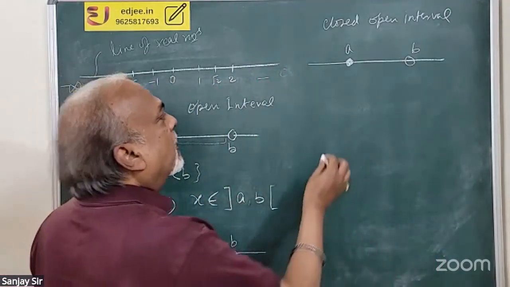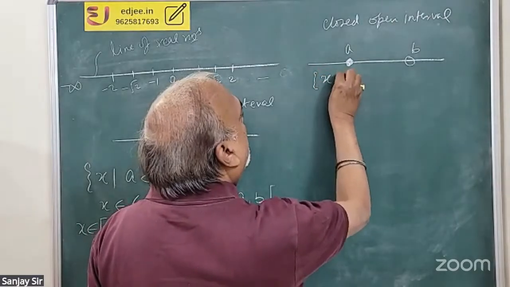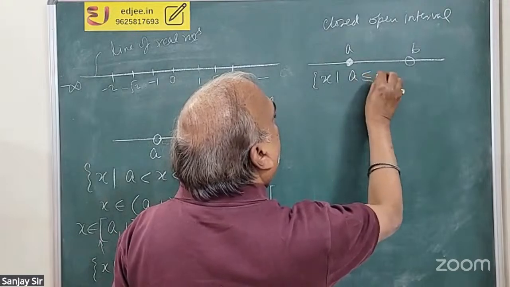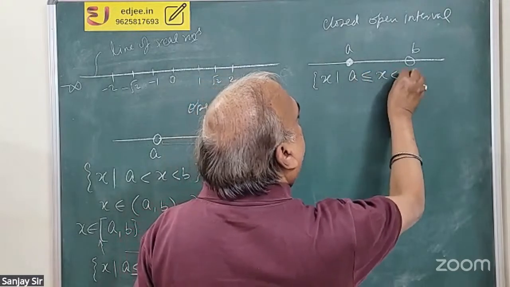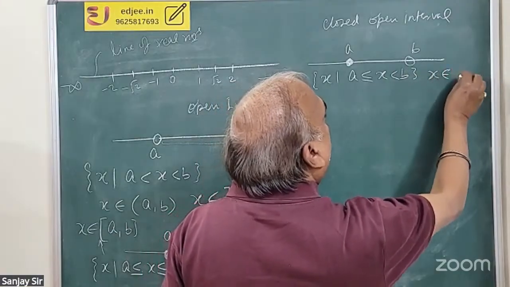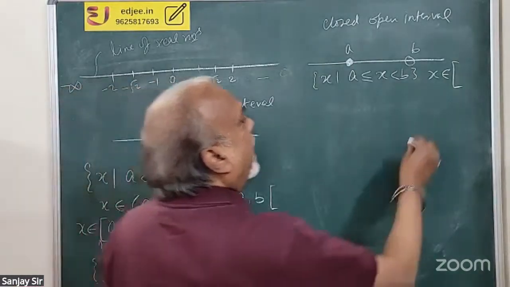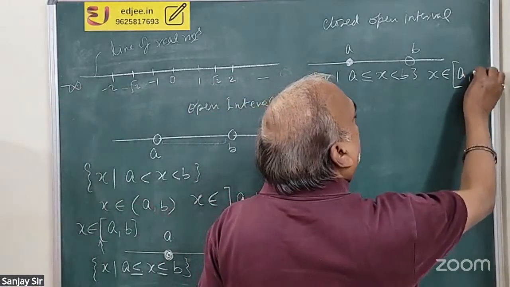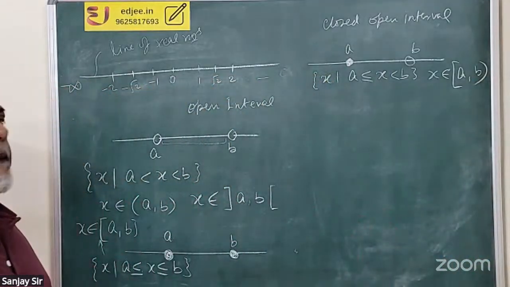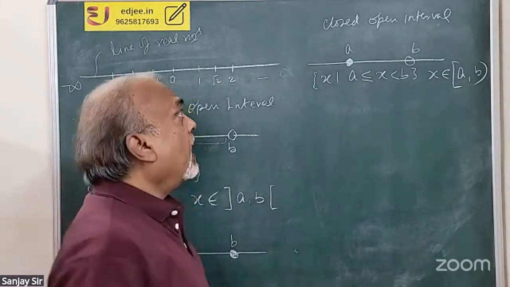This can be defined as A, or X belongs to this closed bracket A, but B is open. Correct?